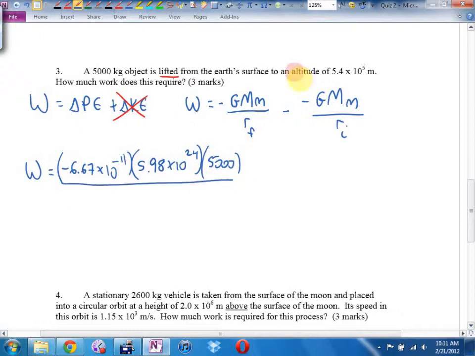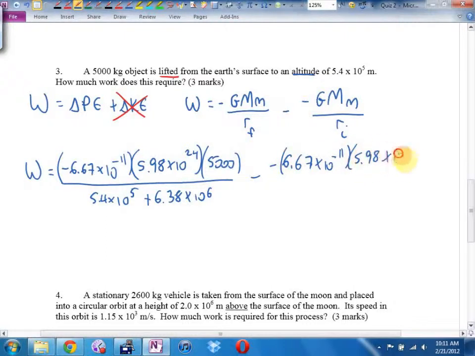Now it does say to an altitude, so my final radius is going to be the altitude plus the radius of the Earth, minus negative 6.67 times 10 to the negative 11, 5.98 times 10 to the 24th, 5,000. And we're starting off on the surface of the Earth, so my initial radius is 6.38 times 10 to the 6th.